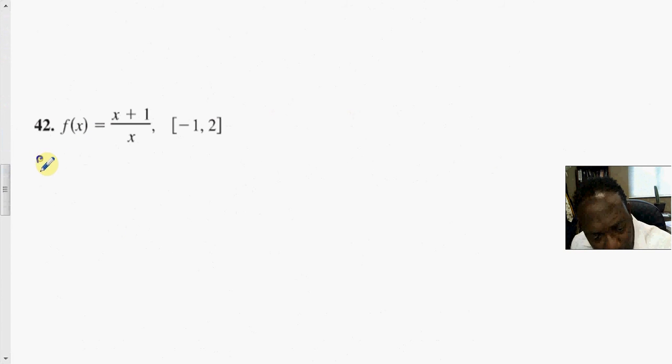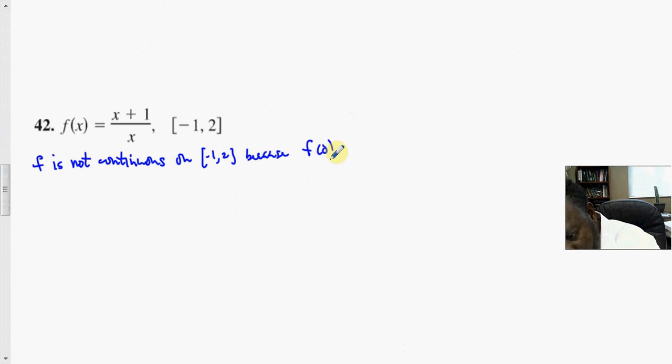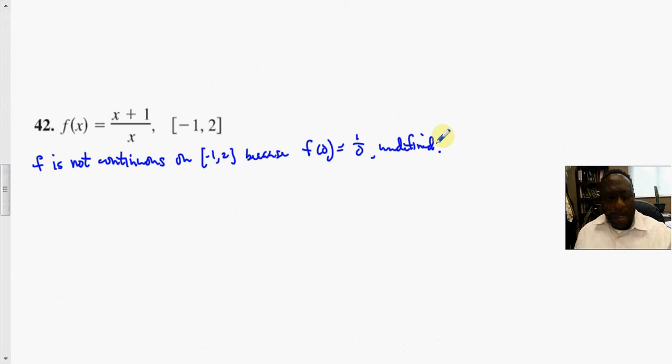No. f is not continuous on the closed interval from -1 to 2 because f of 0 is equal to 1 over 0 and it's undefined. Therefore, the mean value theorem cannot be applied.